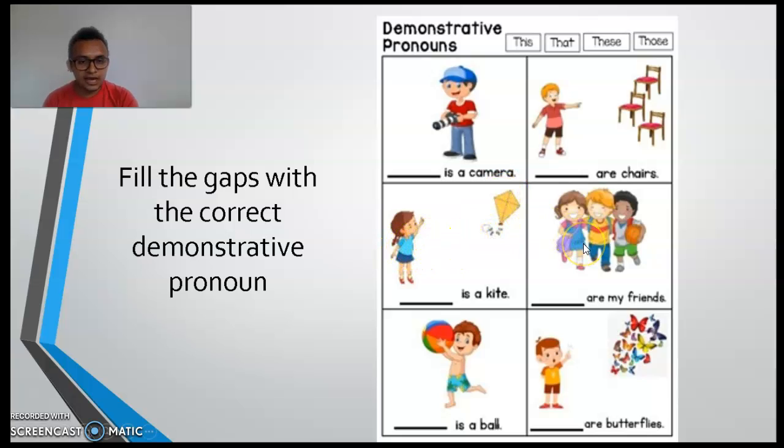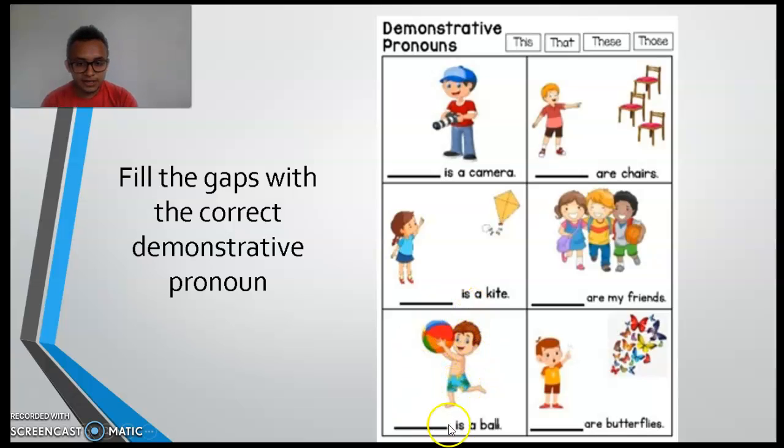Now this is another example. This time we're going to use this because my friends are near to me, or the friends are near to the one that is speaking.